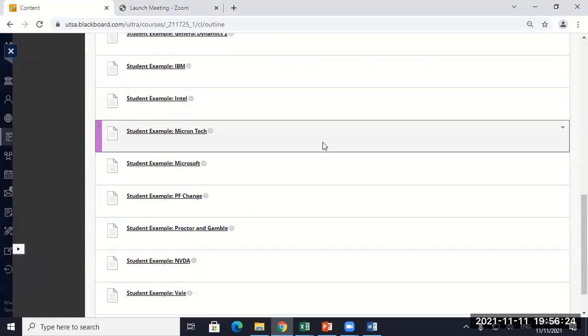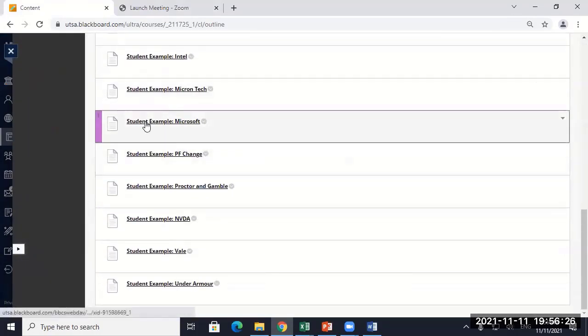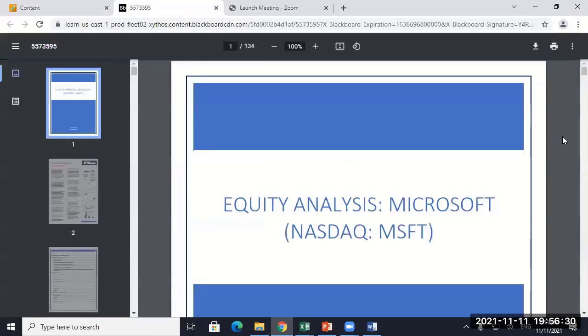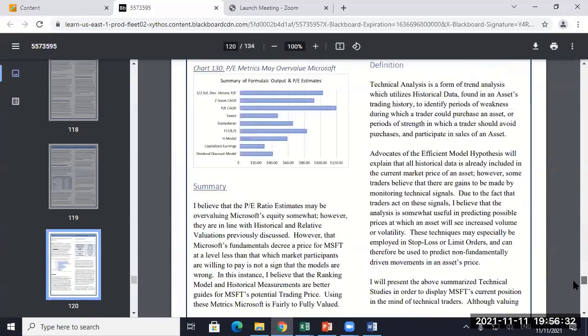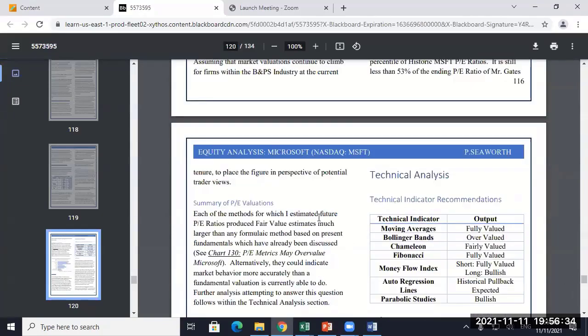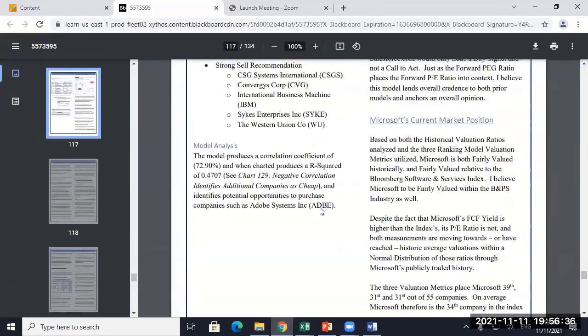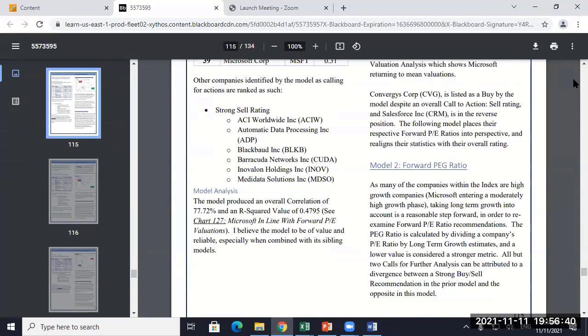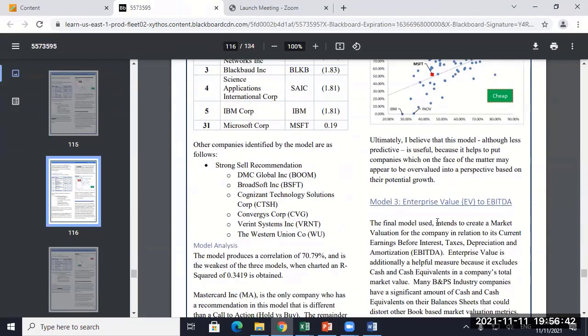Should I show you Microsoft again? It's somewhere around page 387, I think. There's his model.